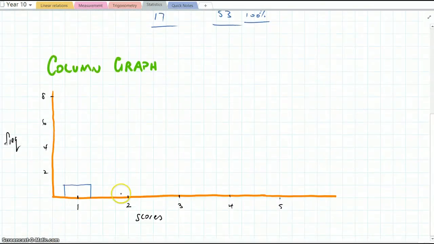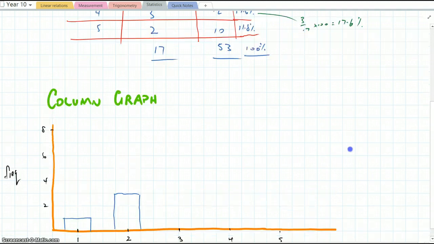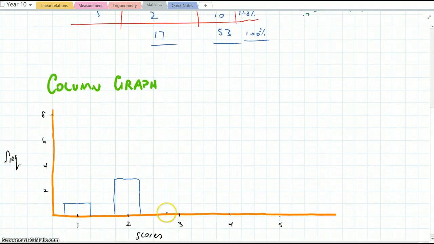Frequency of 3 on my number 2, so I go up to 3 and across, so that's my column there for 2. 3's got a frequency of 8, so that's going all the way up. And so that's my column for 3.